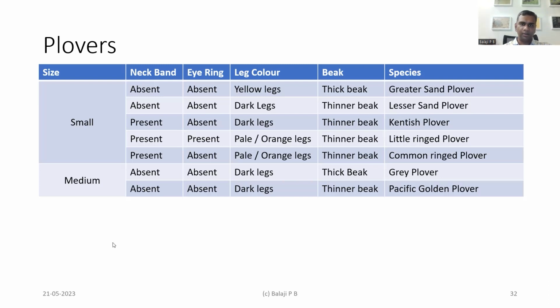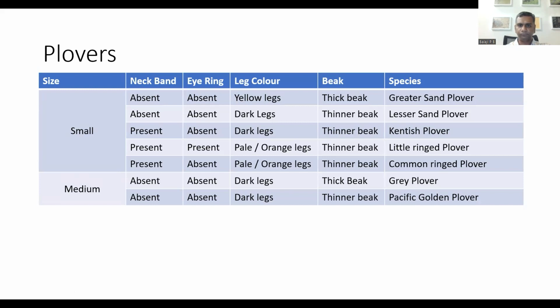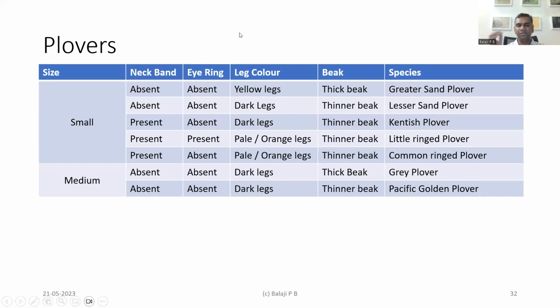And one word of caution I'd like to mention here is that when you look at the leg color, sometimes it might be misleading because the birds are wading in the mud, and the mud will get applied on the legs, and then the leg color may not be visible.